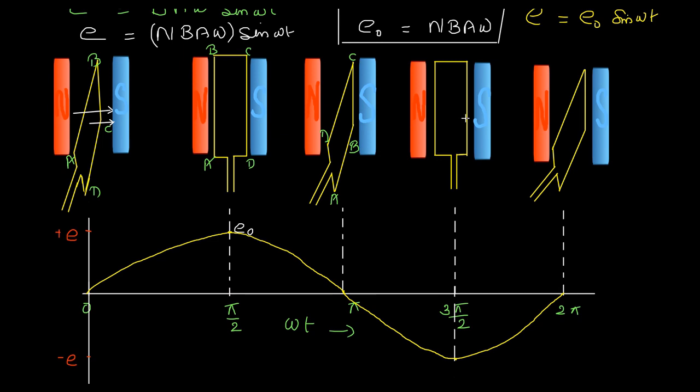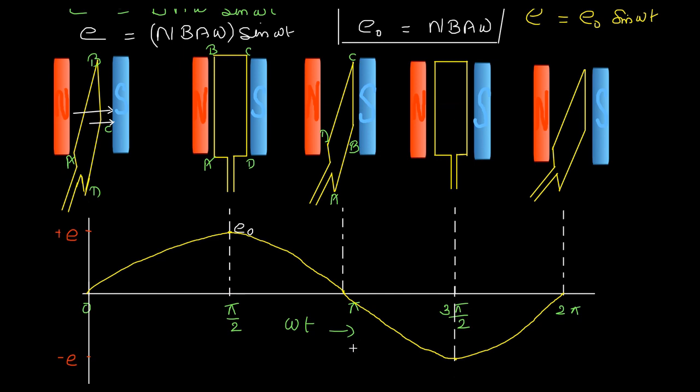So in such a case, the area vector is perpendicular to the magnetic field. The angle between magnetic field and area vector is 90 degrees. And the coil has turned through 3 pi by 2 angle, which means 270 degrees.